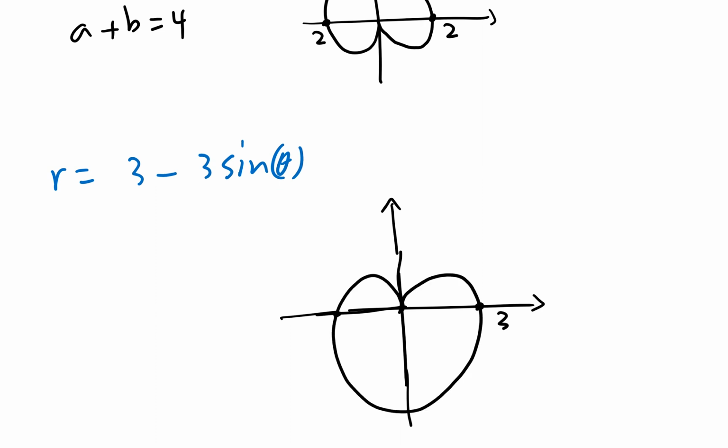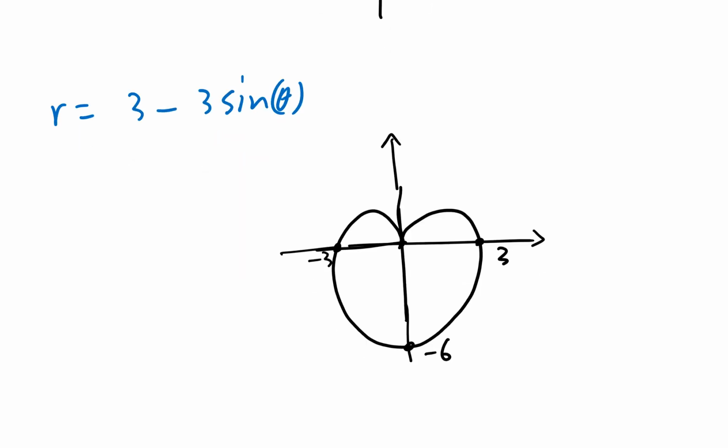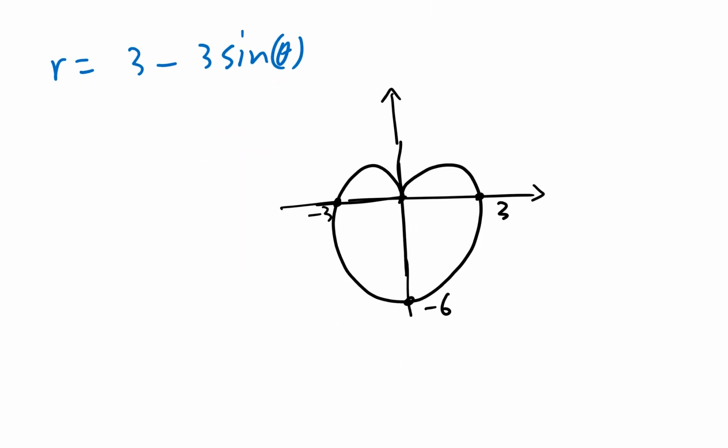So 3 this way, 3 that way, and 6 down, or negative 6. This helps a lot because you don't have to sit down and write the points one at a time.